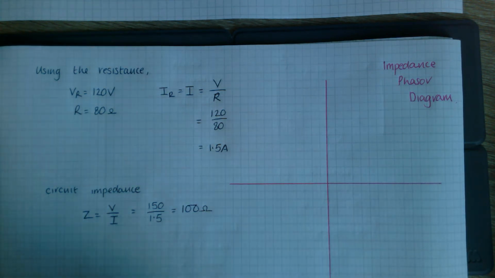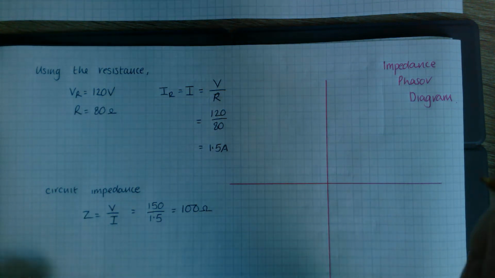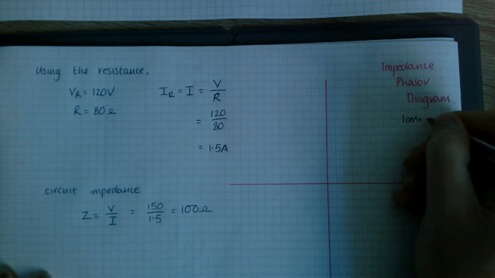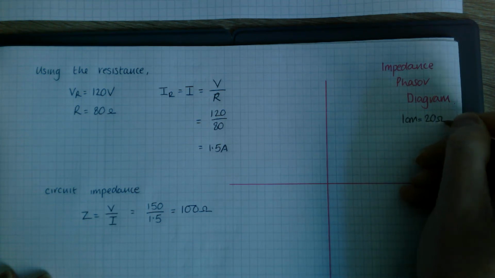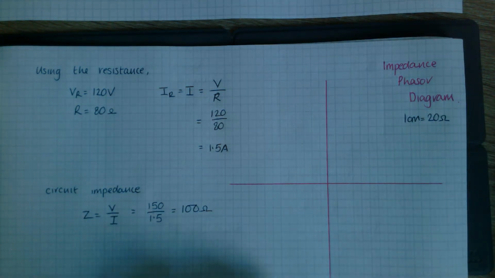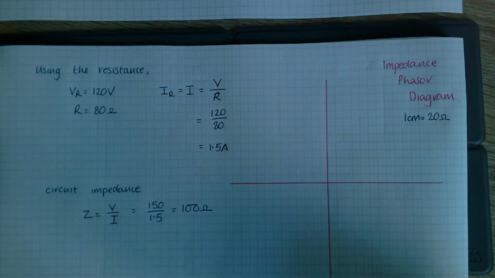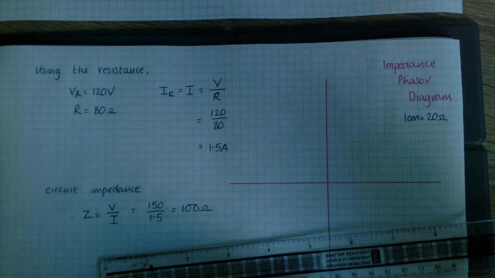So now I have to pick a scale for my ohms. So 80 ohms. Looks like 1 centimetre equals 20 ohms. So because my R was 80 ohms, and I know that R always goes out to the right, that'll be 4 centimetres out to the right.